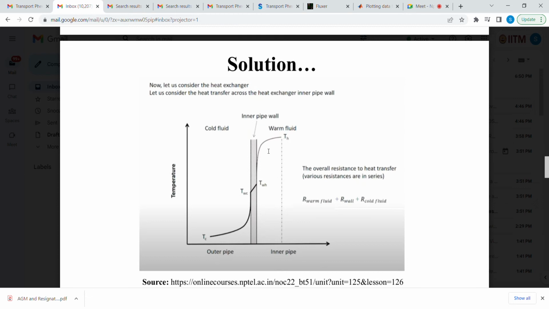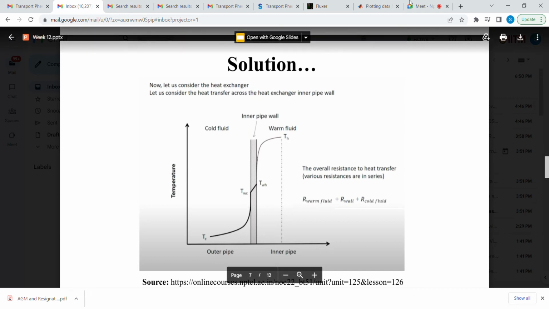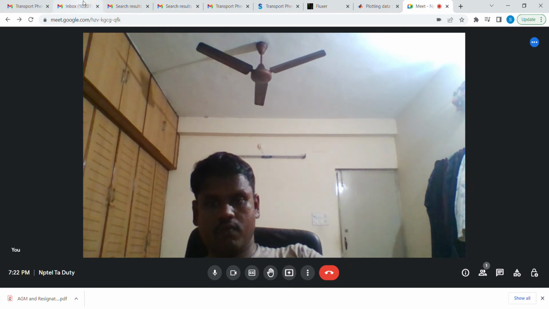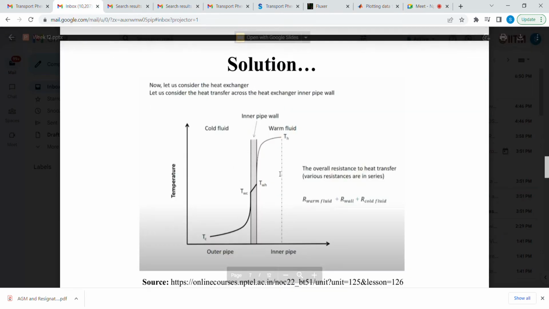If you want to describe this phenomenon where there's a gradual decrease followed by a sudden decrease, how will you model this curve? Simple, right? It can be described.